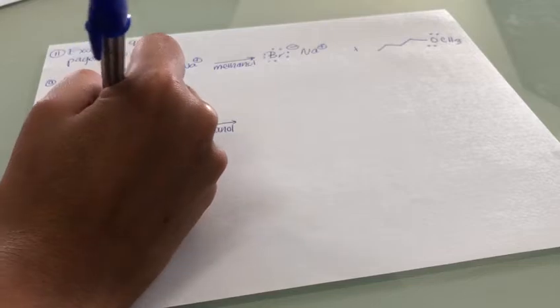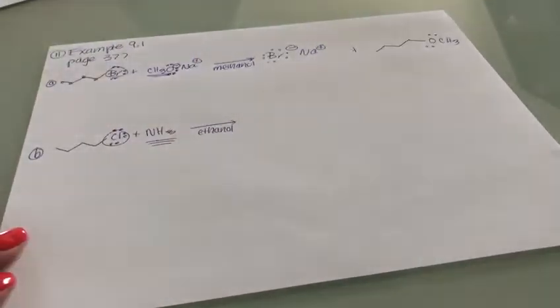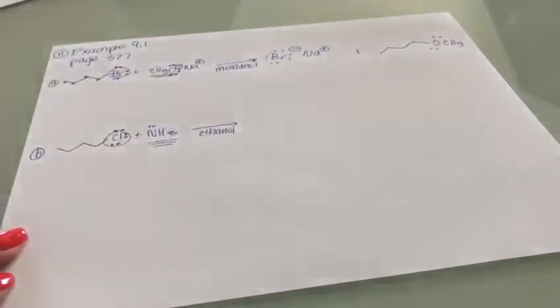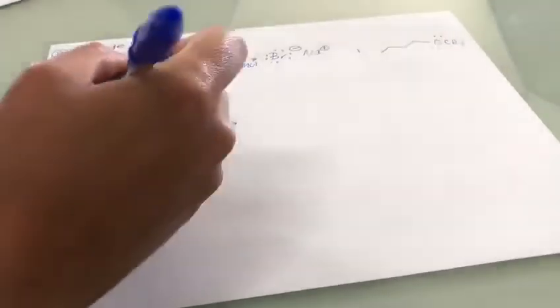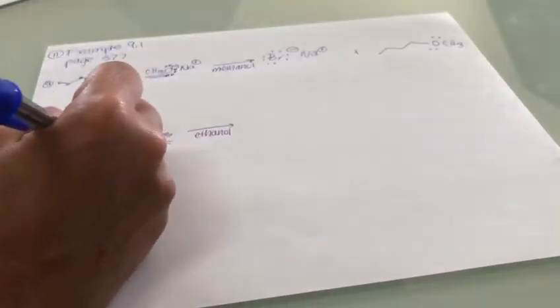Let's add the lone pairs. This halogen will have 3 lone pairs, and the ammonia, because it has 3 bonds with the hydrogens already, it's just going to have 1 lone pair on the nitrogen.